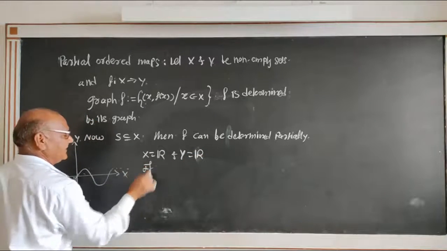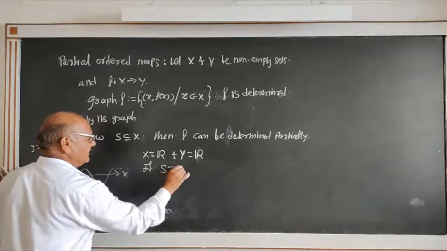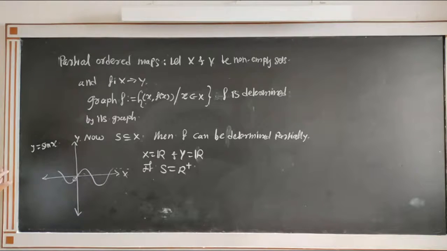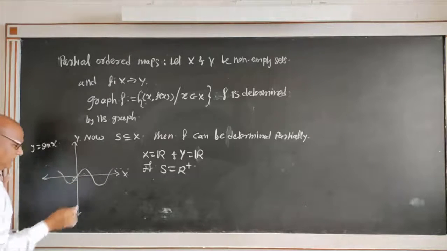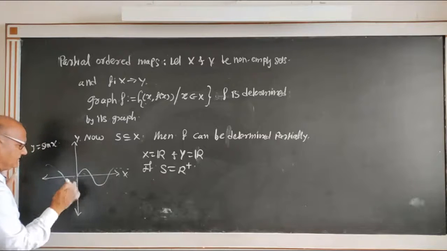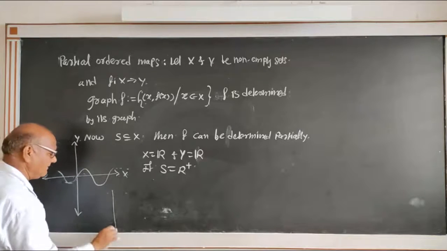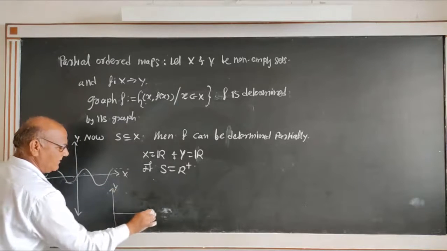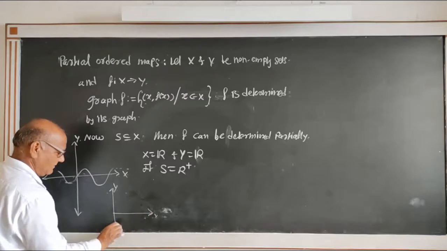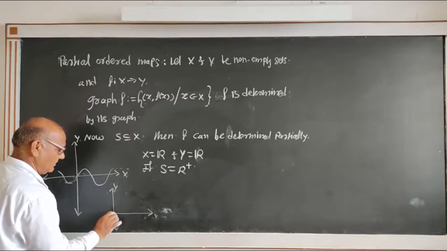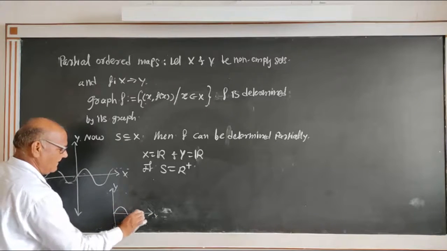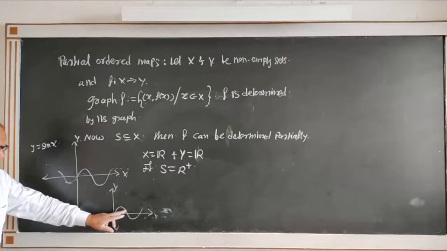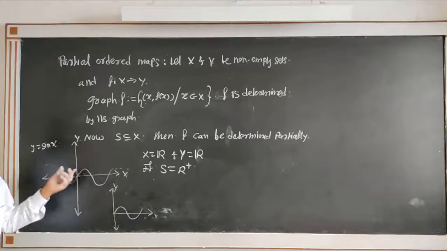If we take S as the positive real numbers, the graph of F is like this, but only over the positive real numbers. So the graph of F is determined partially.